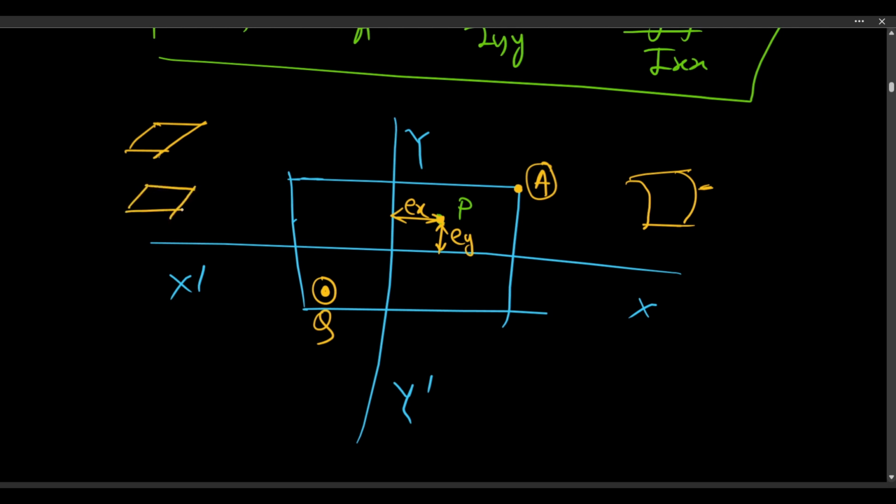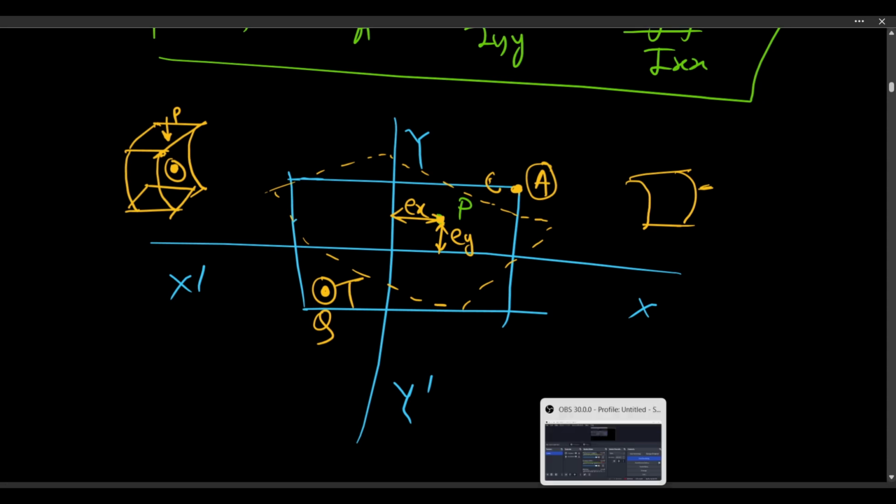So if P is acting over here, this is the side where the compression comes, and this is point A where the compression would be maximum. Buckling would be like this. Here will be tension, here will be compression. So that's all about the eccentricity, uniaxial and biaxial. Thank you.